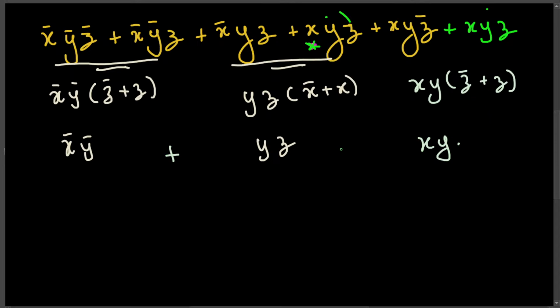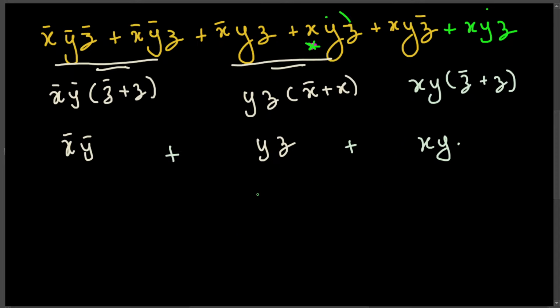And that's it. Now, can we simplify this any further? We cannot take anything common among xy, x prime y prime, or yz. Here we can take y common, but x plus z is not going to give any simplification. So that doesn't work. That's the last one basically.